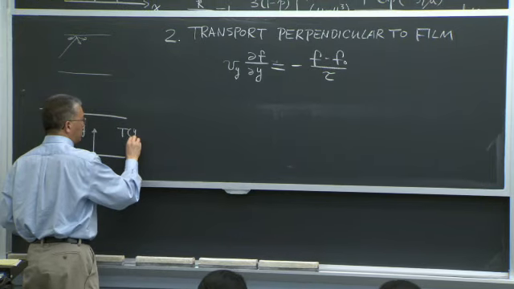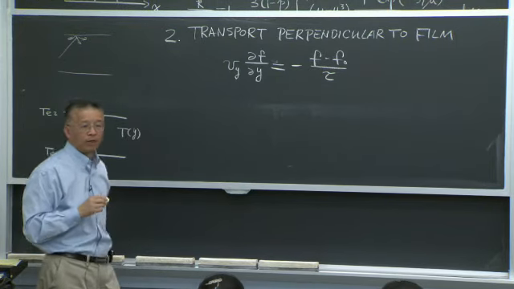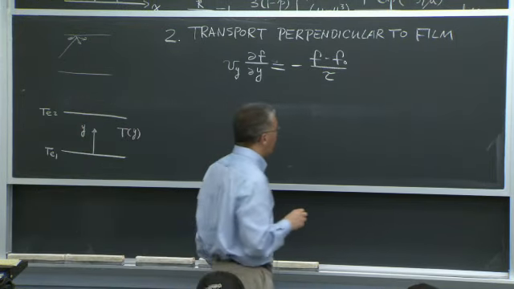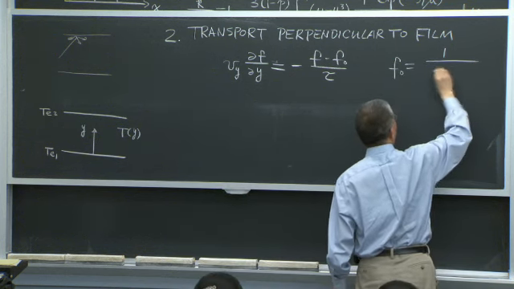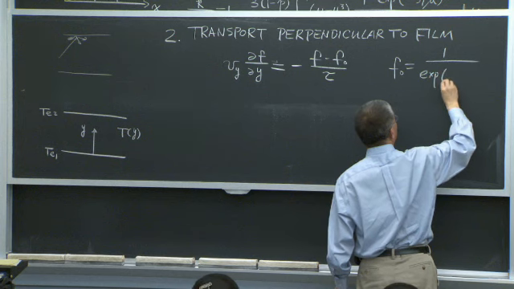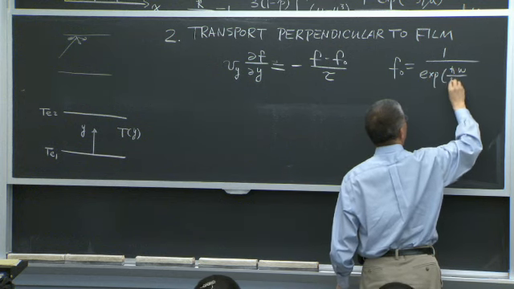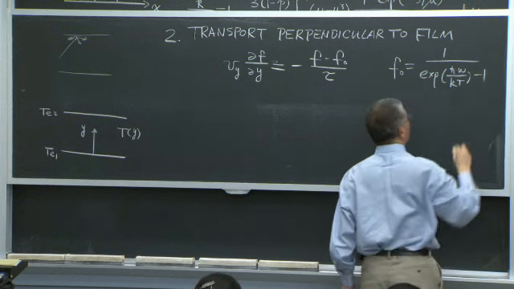So T is effectively a function of y, and f0 has the temperature dependence 1 over exponential h bar omega over kT minus 1.